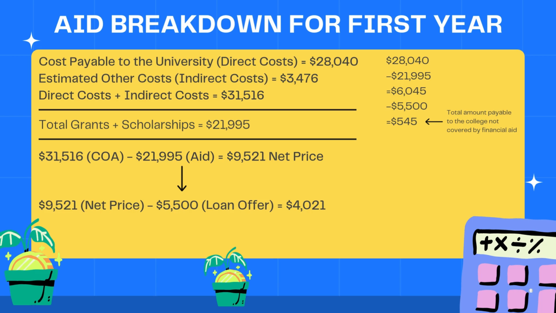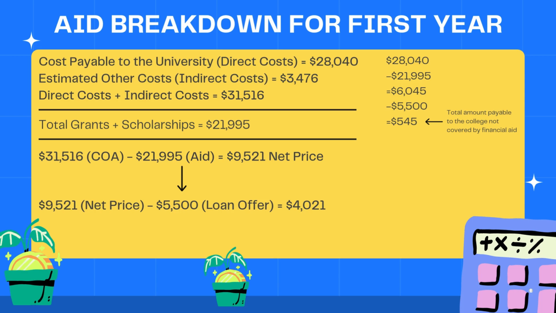We can sort of find out exactly how much you would owe to the school itself by just using the direct costs. So again, in this case, just talking about tuition, fees, housing, and food, when we subtract the grants and scholarships, the student would then owe $6,045 for the entire year.